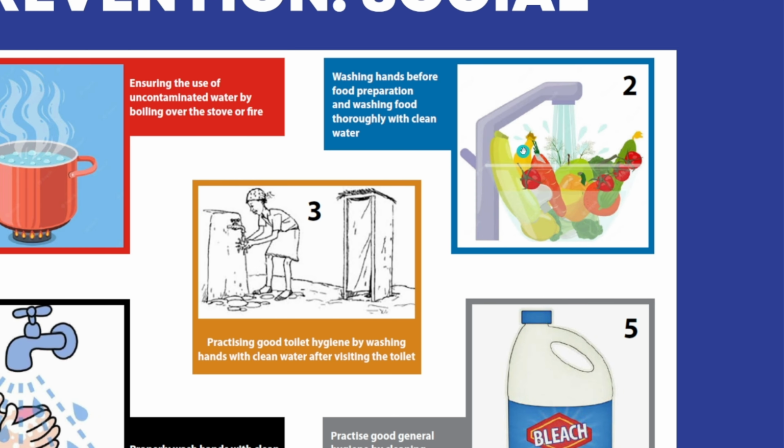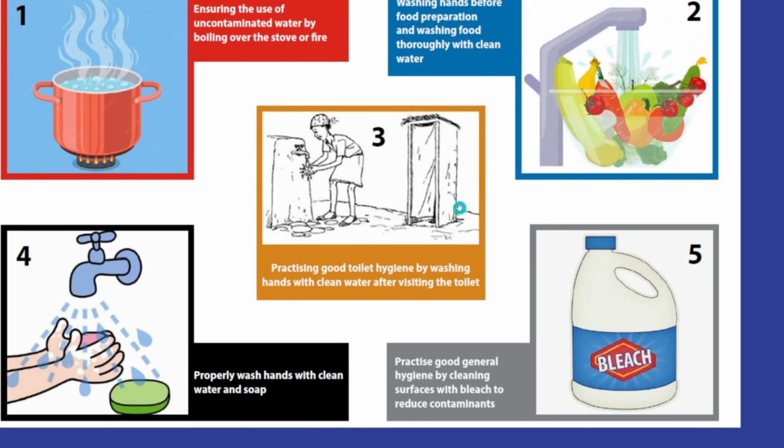Then also washing. Wash your hands before food preparation, and also wash the food. Before you do anything, especially cooking, you should wash your hands. And all the food, especially vegetables and fruits, you should wash properly. And of course, practice good toilet hygiene by washing hands with clean water after visiting the toilet.